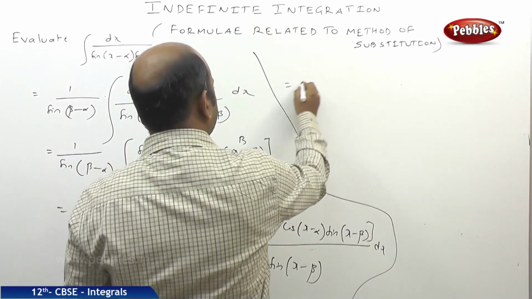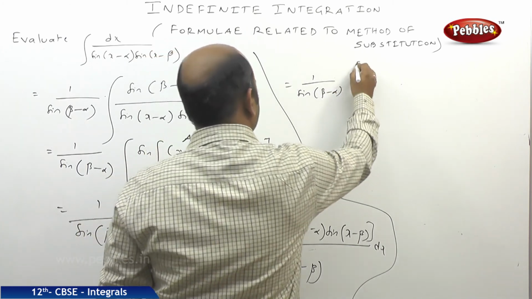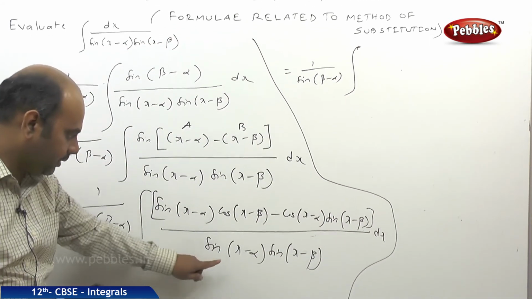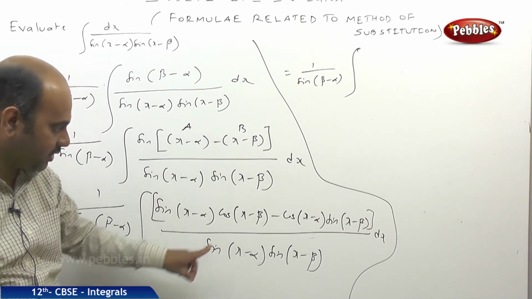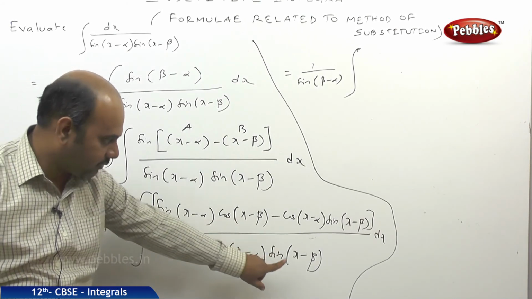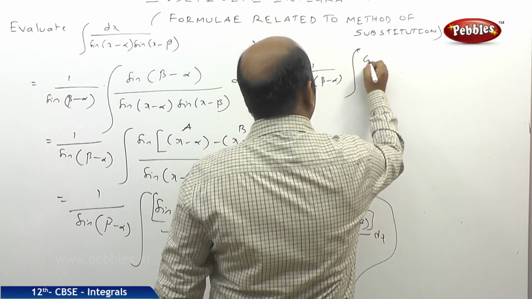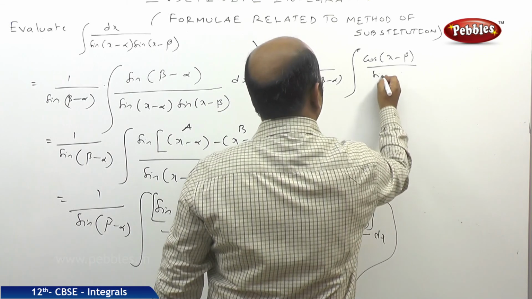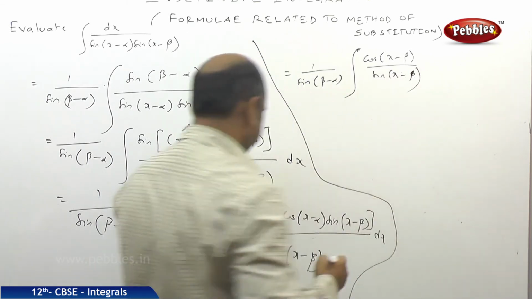If you observe carefully, 1 by sine of (beta minus alpha) into the integral of A by C. A by C means sine of (x minus alpha) gets cancelled, and there remains cos of (x minus beta) divided by sine of (x minus beta).